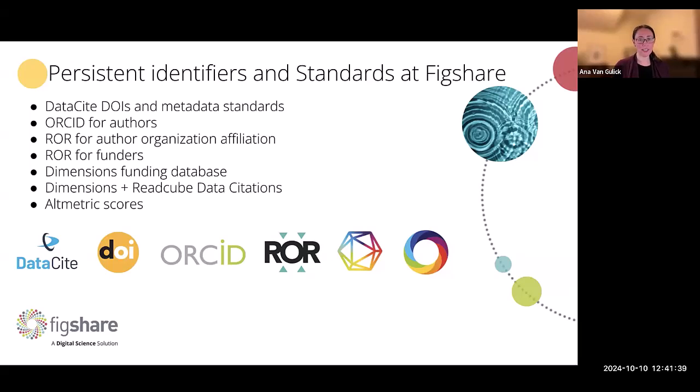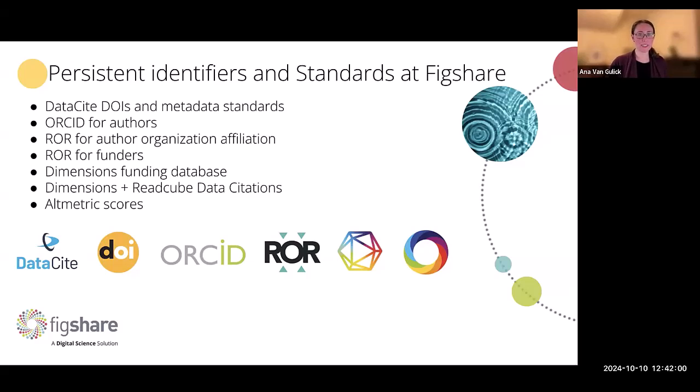ORCID for authors is important. This is your individual identifier as an author, and it's something federal agencies are requiring, as well as publishers and journals. It's a great way to make sure all of your research is credited to you. ROR is a newer persistent identifier.